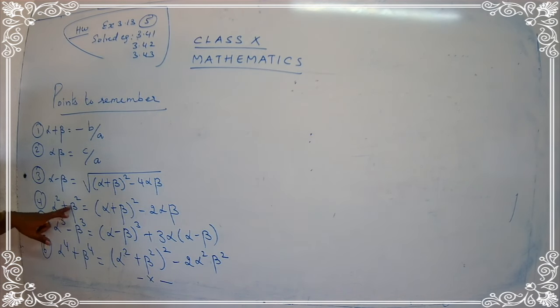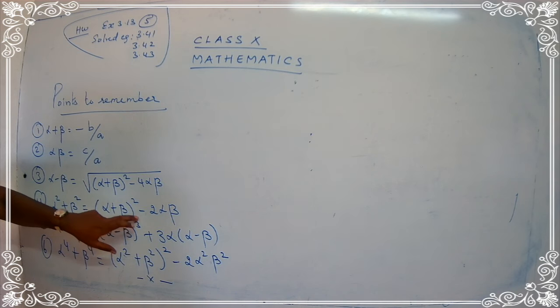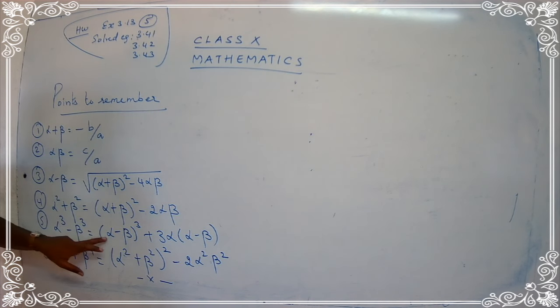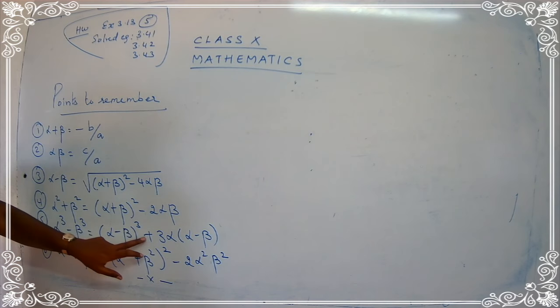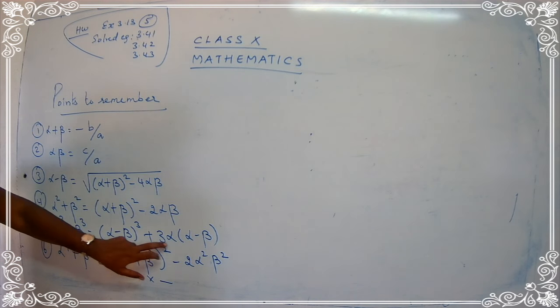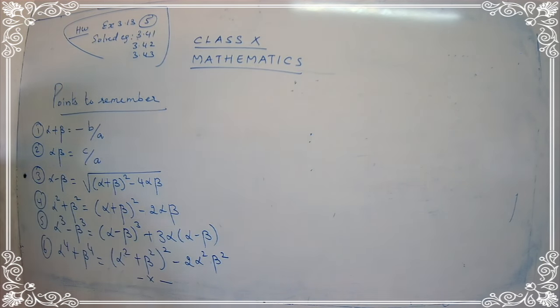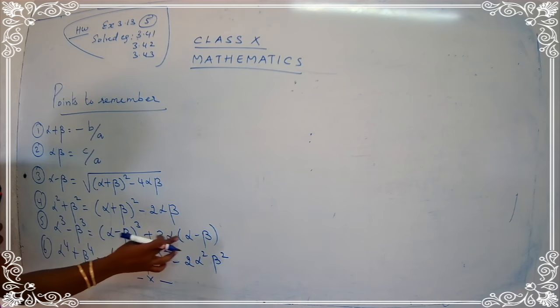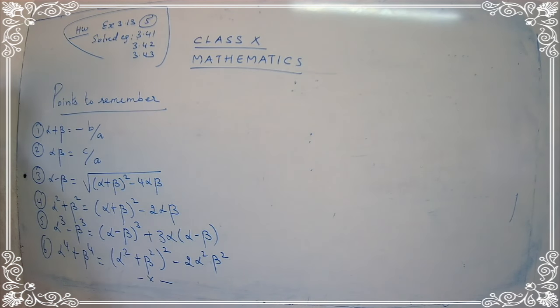Alpha square plus beta square is equal to alpha plus beta the whole square minus 2 alpha beta. Alpha cube minus beta cube is equal to alpha minus beta the whole cube plus 3 alpha beta, alpha minus beta. Just change the sign here.